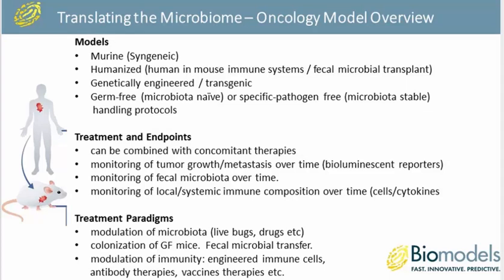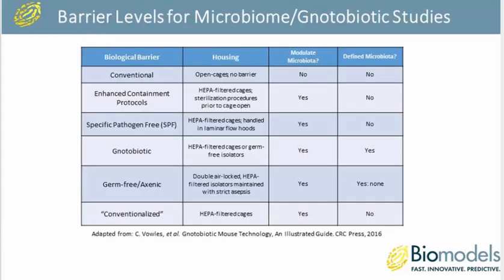We can use germ-free mice to perform fecal microbial transfers, or FMTs, where we actually colonize with clinical microbes and look at the education of the immune system. Or we can look at a variety of other treatment paradigms within this context.